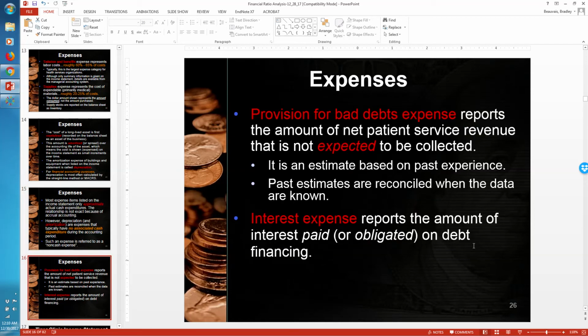Provision for bad debt expense, I kind of talked about this already, but we have some sort of historical understanding of how bad debt has performed or how much we've had to incur in the past. This is something we need to watch and can adjust for appropriately as we see the economy start to heat up and improve. Generally, we see our bad debt expense move in the opposite direction.